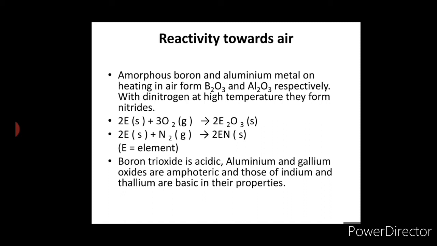And the nature of their oxides varies, that is, boron trioxide is acidic, whereas aluminum and gallium oxides are amphoteric, and the oxides of indium and thallium are basic. So we can say that the acidic nature of their oxides decreases down the group and basic nature increases down the group.